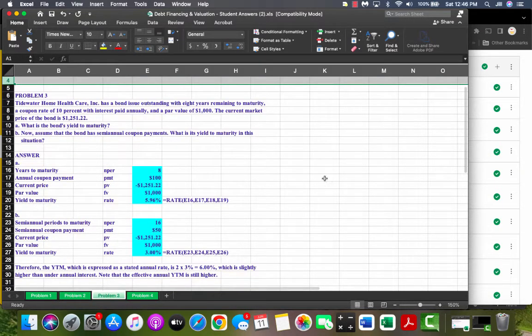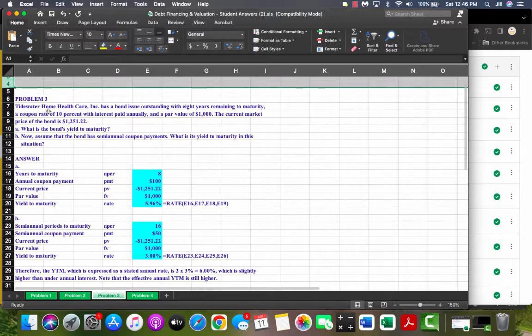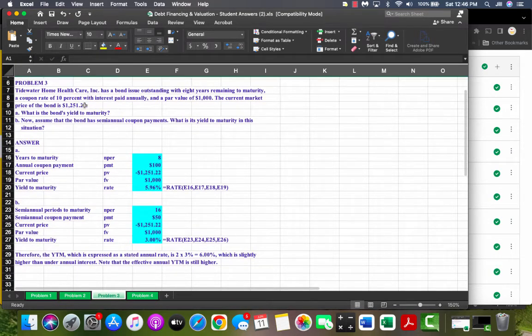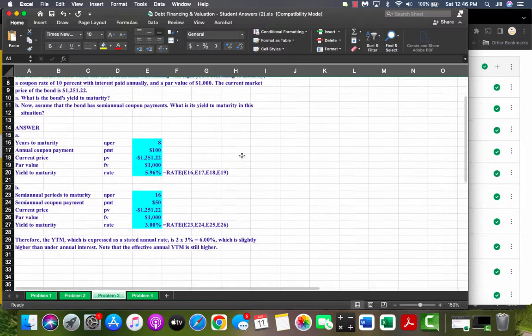And we'll see the same thing here. Problem 3, question B. So Tidewater Home Health, bond issue outstanding, 8 years remaining to maturity, coupon rate 10%, interest paid annually, par value $1,000. We know what the current bond value is.